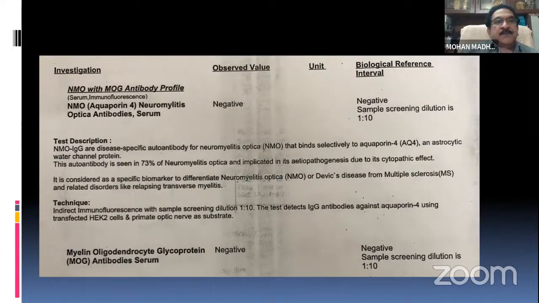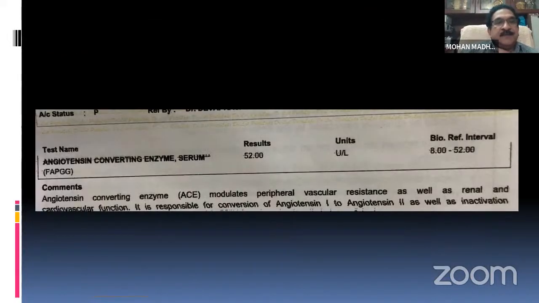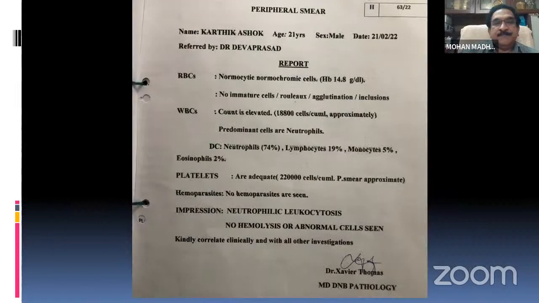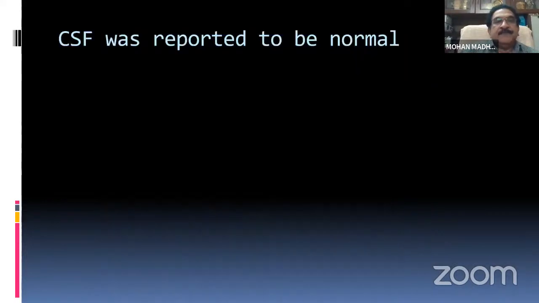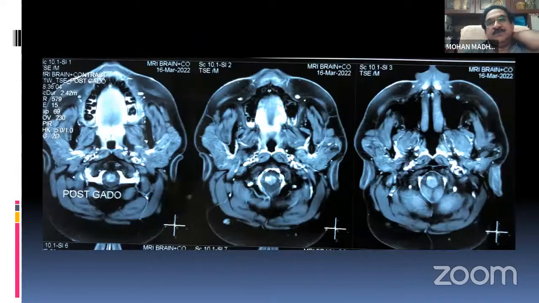They did NMO spectrum antibody, negative. Serum electrophoresis is normal, and serum ACE level is normal. CSF ACE level is also normal. Then the CSF was reported to be normal. And the last MRI done before they came was from this hospital, on the 16th of this year.